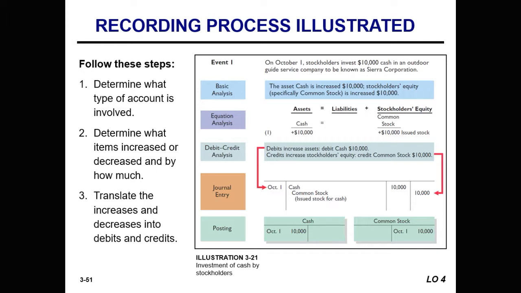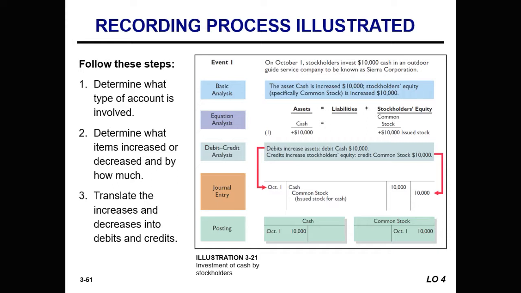October 1st, stockholders invested $10,000 in cash in an outdoor guide service company to be known as Sierra Corp. So we know that the stockholders invested $10,000 in cash in Sierra Corp. So Sierra Corp received $10,000 worth of cash. The asset cash is increasing. So there has been a transaction.